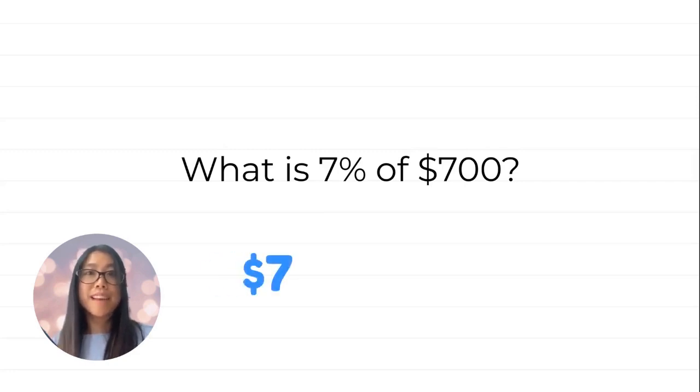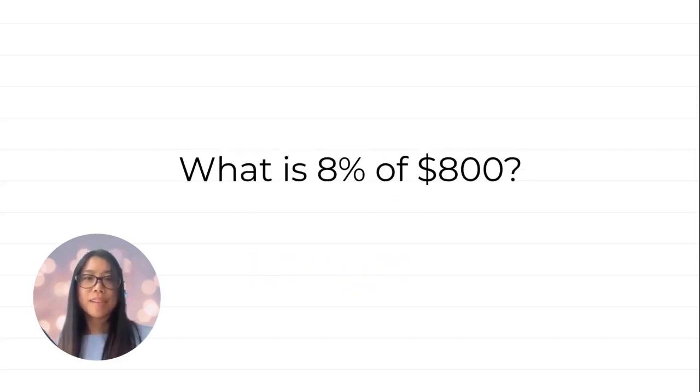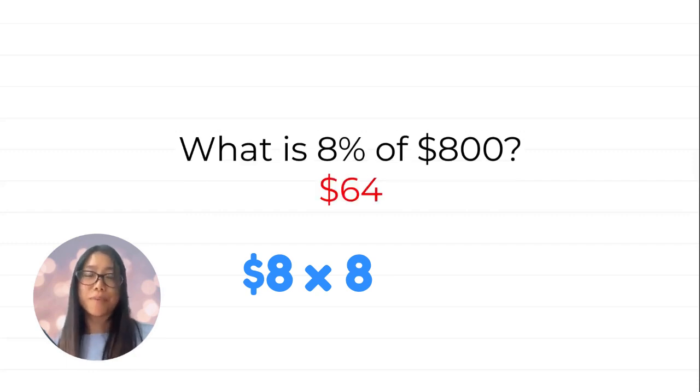So we multiply that by 7 to get $49. What's 8% of 800? Well, can we first find 8% of 100? Okay, so that's $8. And we have 8 100s, so 8 times 8 gives us 64.